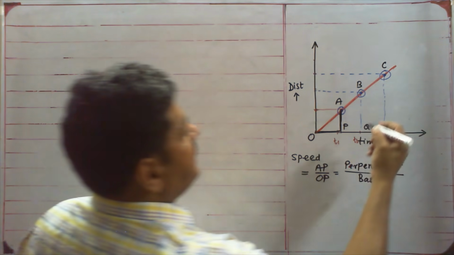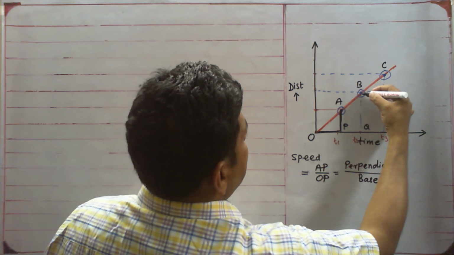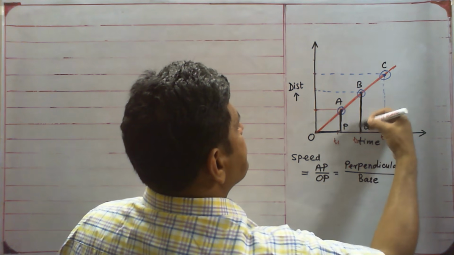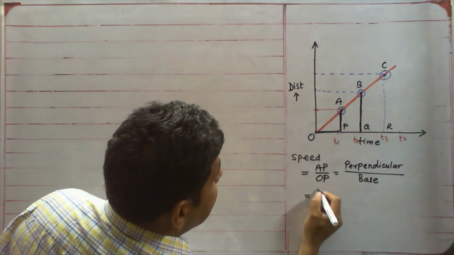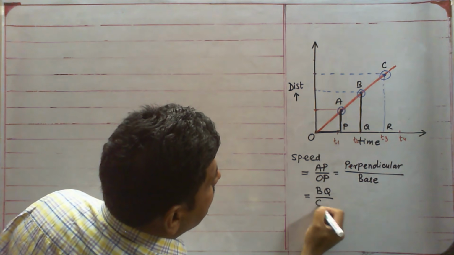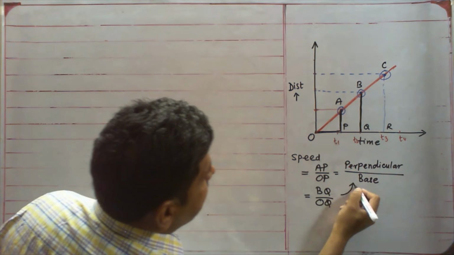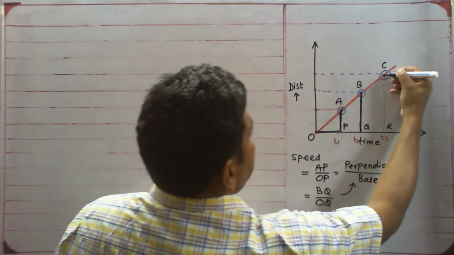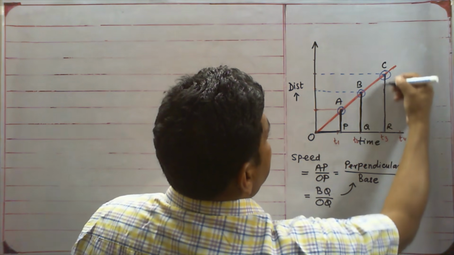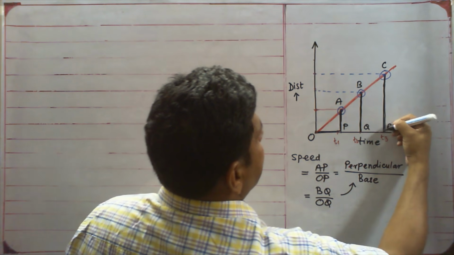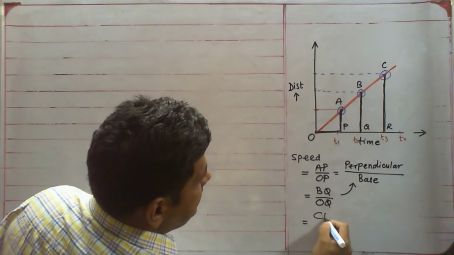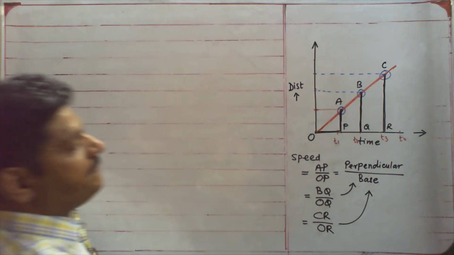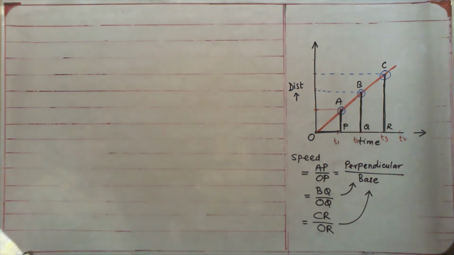Similarly here also you can find out the speed. This can be written as BQ by OQ. This is nothing but perpendicular by base. Similarly, you can also find out CR by OR. This is also same as perpendicular by base.